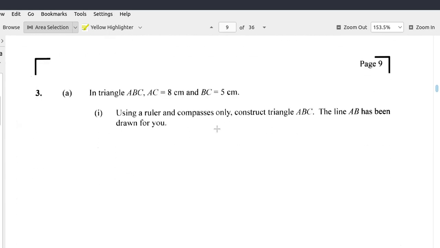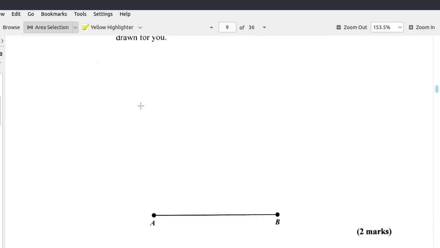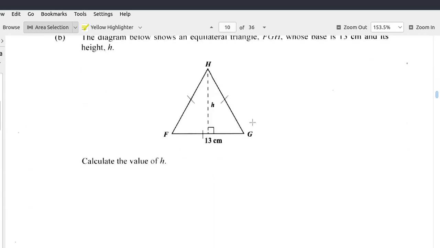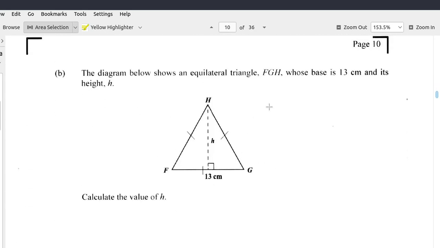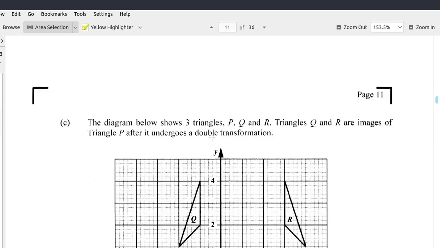Question 3, construction. You must make sure you carry your ruler, protractor, pair of compasses, okay, your pencil to do your construction. Then you have a little trigonometry. We'll do some calculation there.